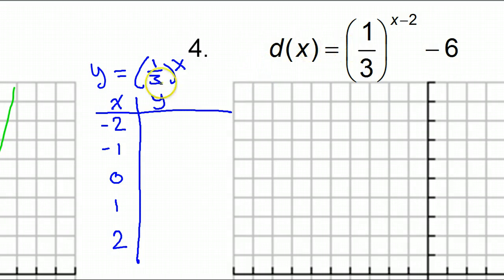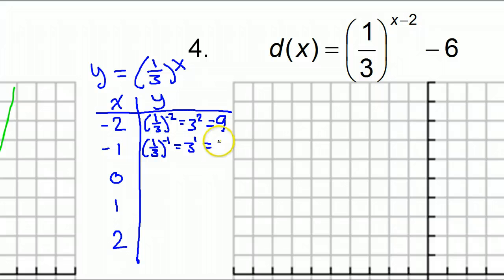Okay, if I do 1/3 to the -2 power, of course, that would be the same as having 3, because I do the reciprocal, squared, which is 9. Similarly, if I do 1/3 to the negative 1 power, that would be like 3 to the 1 power, which is just 3. Reciprocal. Make it positive. If I do anything to the 0 power, I get 1, so that's cool.